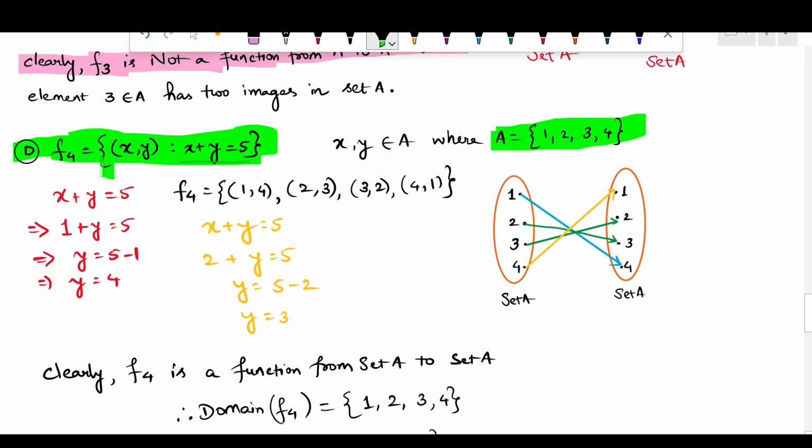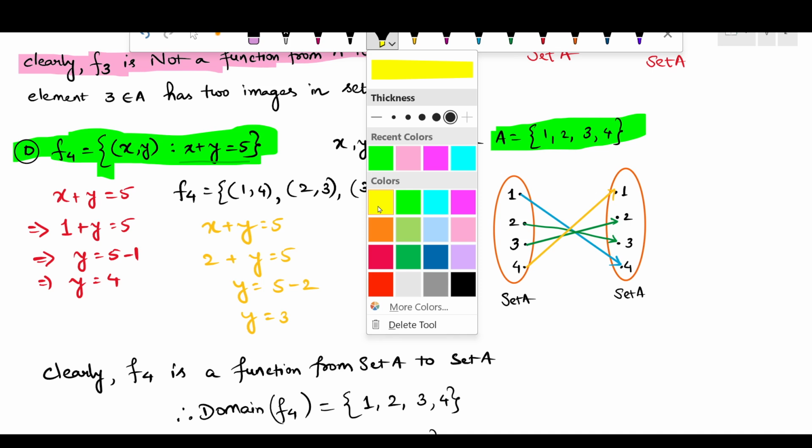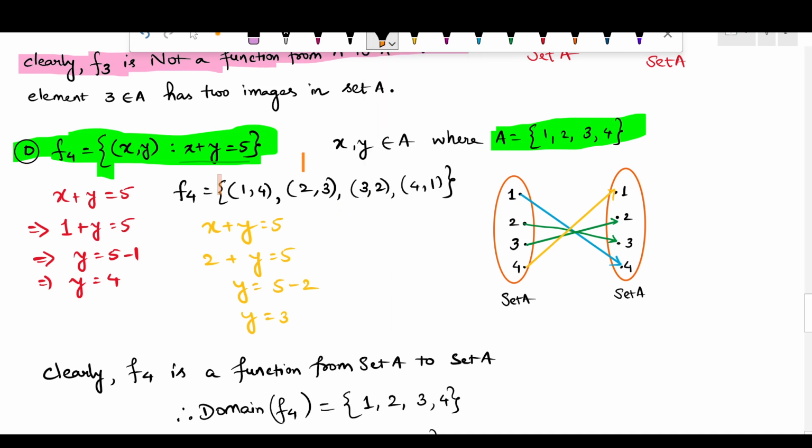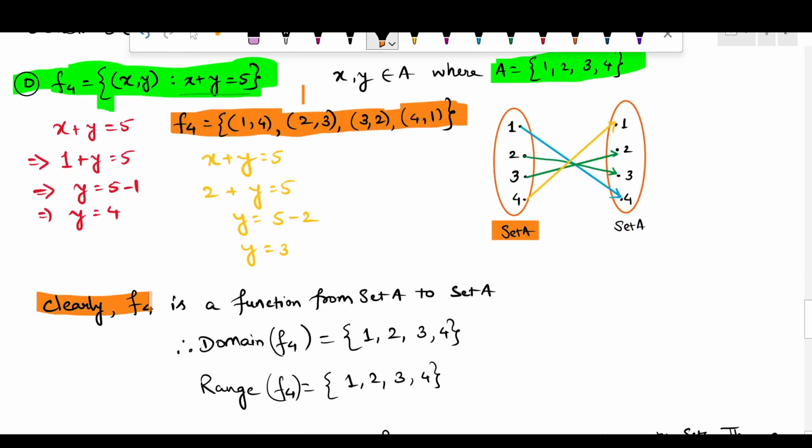This is a function, as f4 satisfies both the conditions, meaning no two ordered pairs have the same first element, and every element of this set A has an image in set B, and therefore f4 is a function from set A to set A, right?